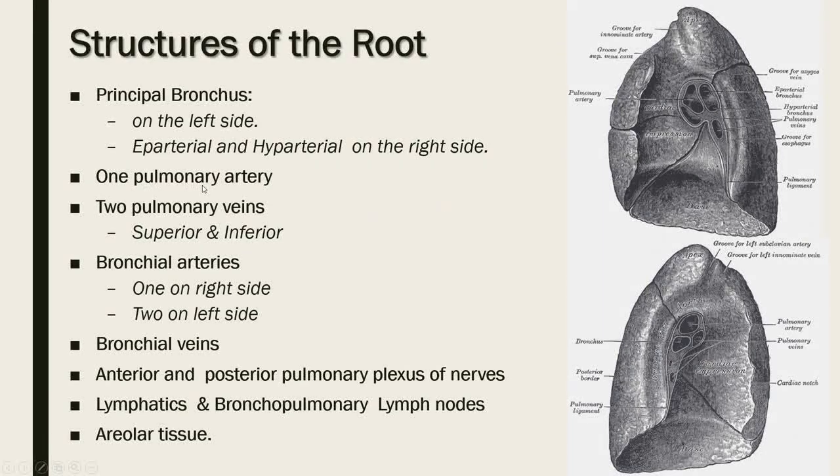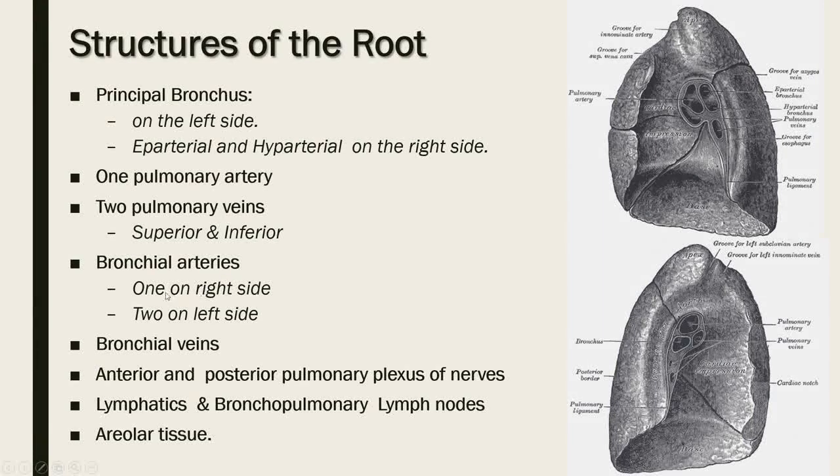One pulmonary artery. We can see the pulmonary artery over here and also over here. Two pulmonary veins, superior and inferior. This is the superior pulmonary vein and the inferior pulmonary vein. Over here, superior and inferior pulmonary vein.